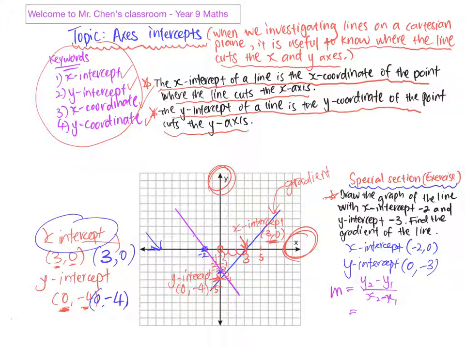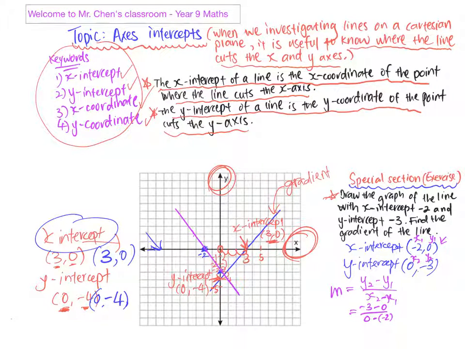In this case, I decided to make this my x1 and y1, and this one is my x2 and y2. So my y2 is -3, my y1 is 0, my x2 is 0, and x1 is -2.